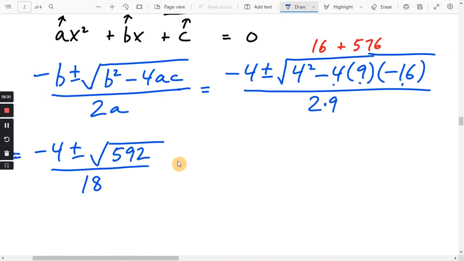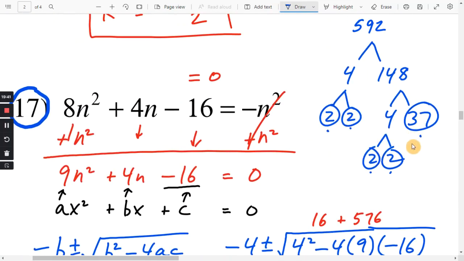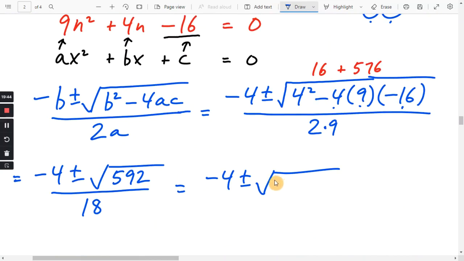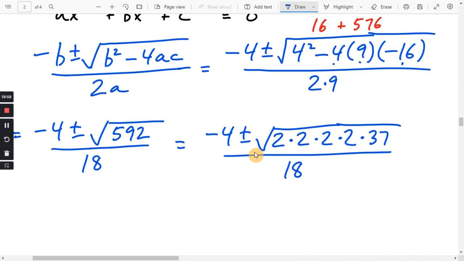All right, let's see. Negative 4 plus minus radical. Okay, and we said 4 2's and a 37. So that's going to be 2 times 2 times 2 times 2 times 37 divided by 2 times 9, which is 18.